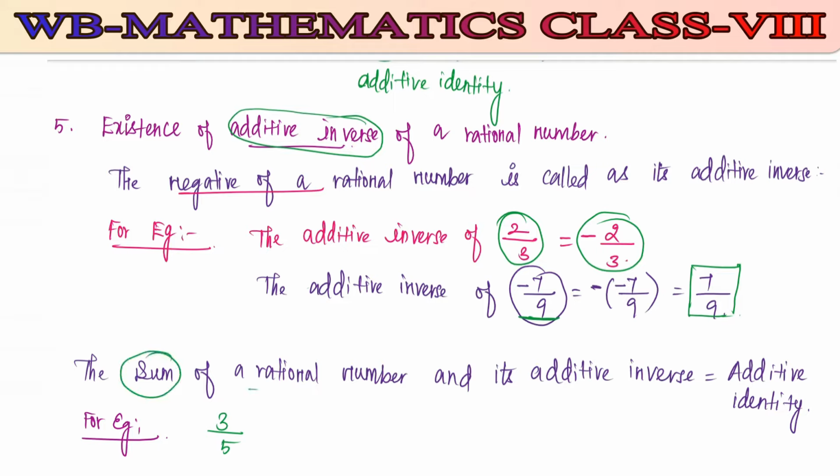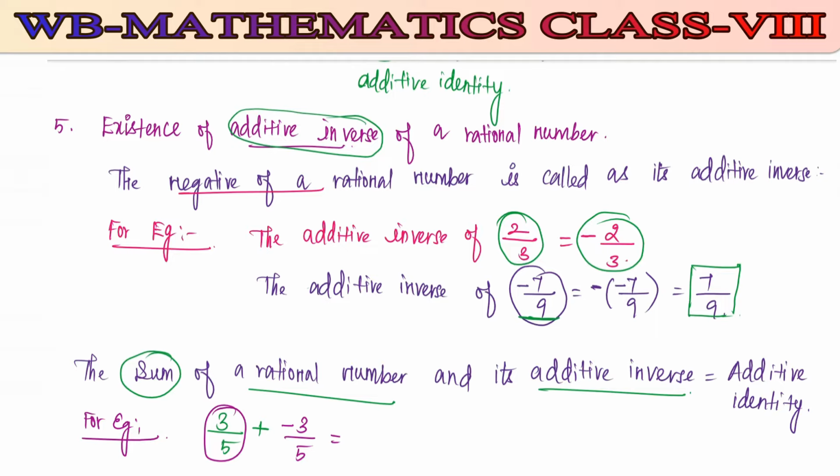The sum of the rational number and its inverse: sum means we just need to add its additive inverse. Its additive inverse is nothing but the negative of this number. So when you take the negative of this number, we get minus 3 by 5.